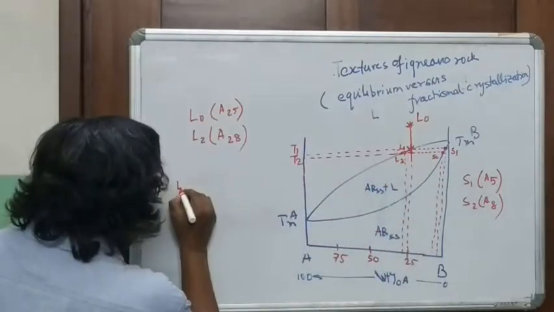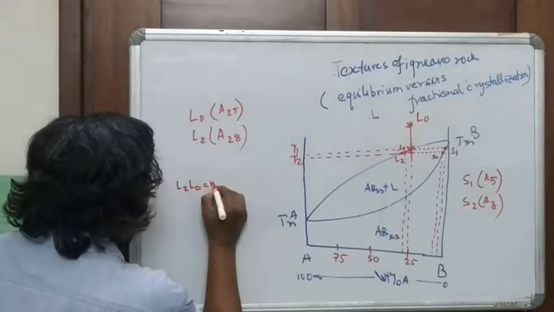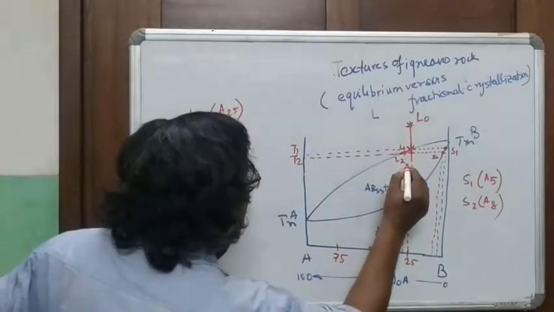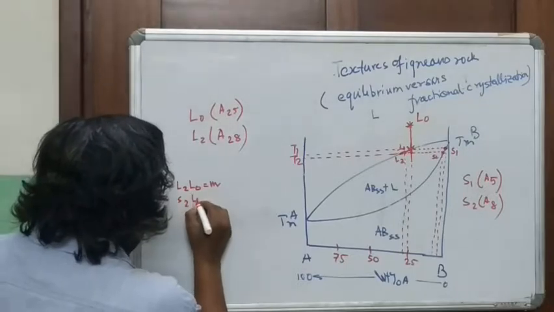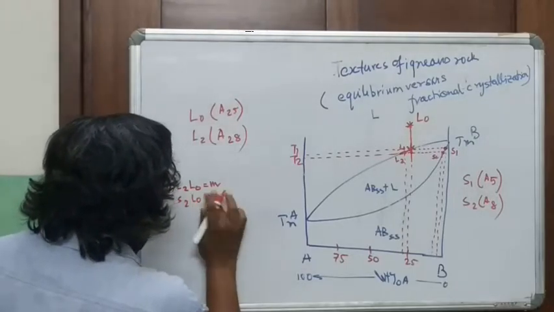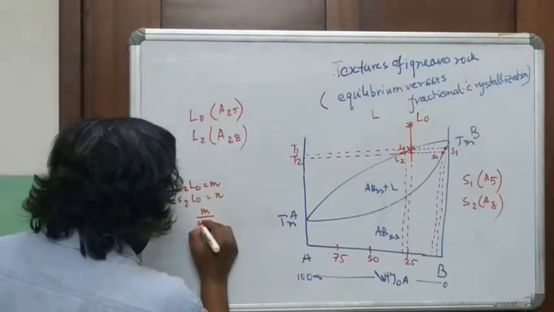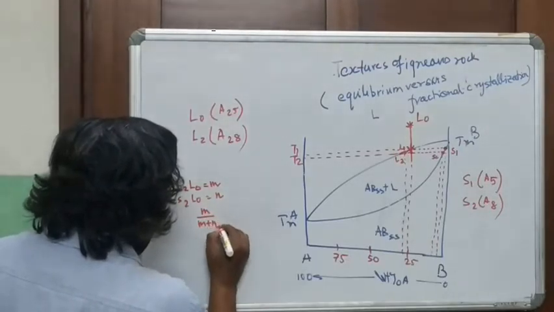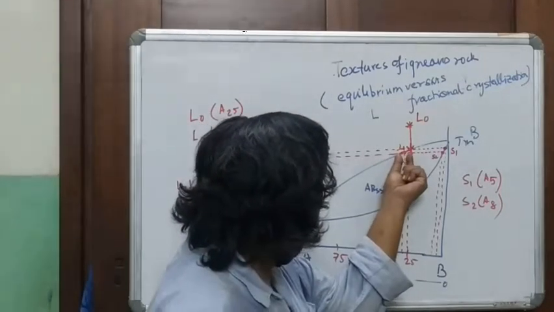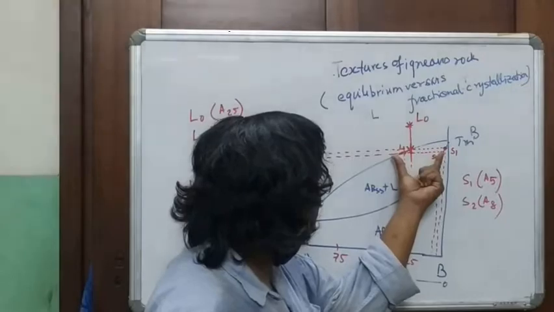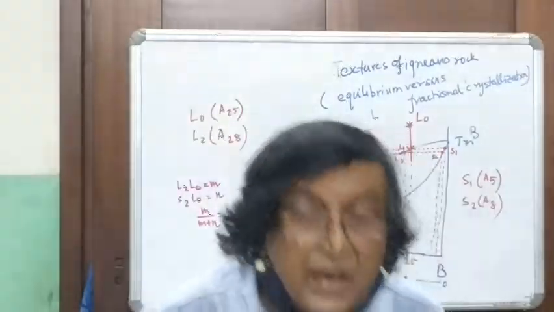So let's say L2, L0, this is M, and S2, L0 is equal to N, then M divided by M plus N, that means this length divided by this length, will give you the fraction of solids.